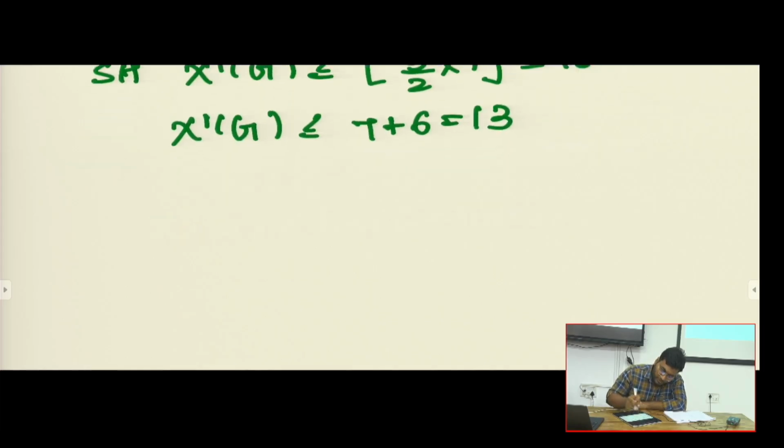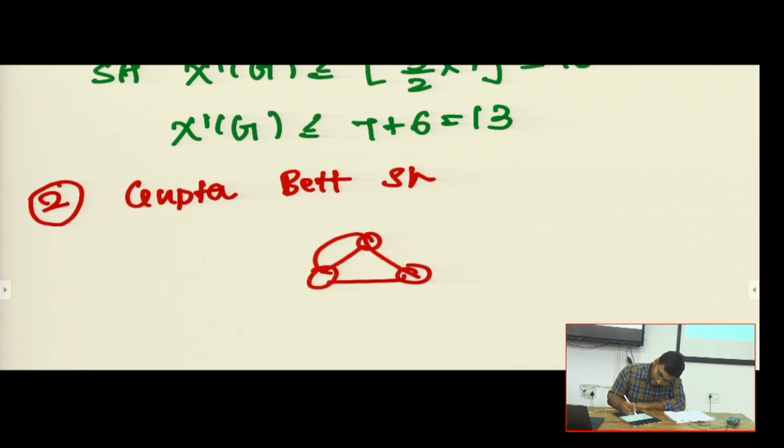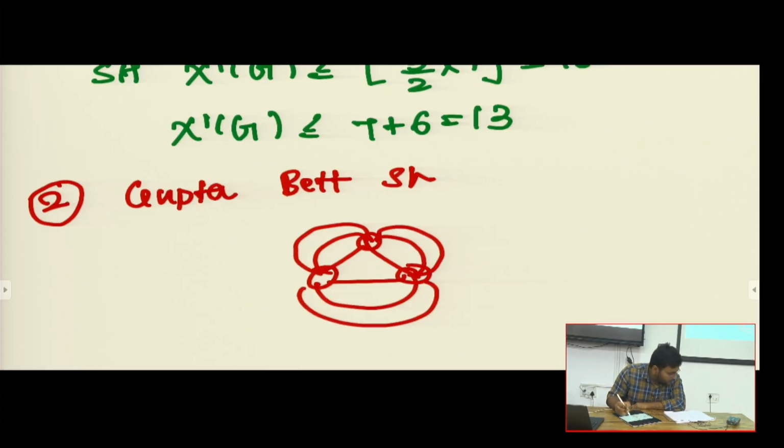Now for the second one, where I have to find a graph where Gupta's bound is better than the Shannon bound. The example would be here.